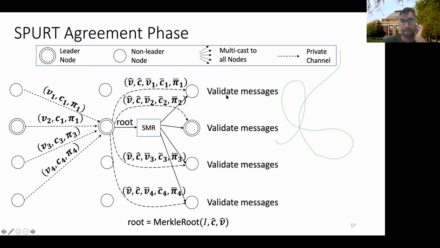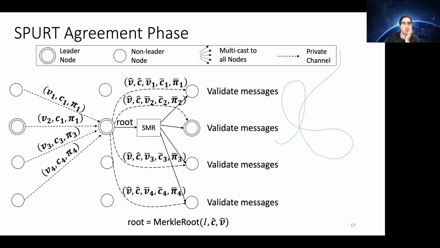In our actual protocol, we have merged this voting phase along with SMR, but it is cleaner to think of it in this manner. Each node receives the root over a broadcast channel and some private messages, validates that these private messages are consistent with the root, and votes for the leader.